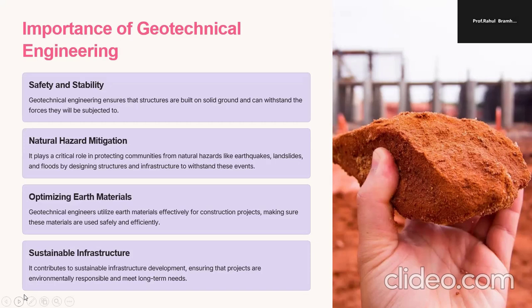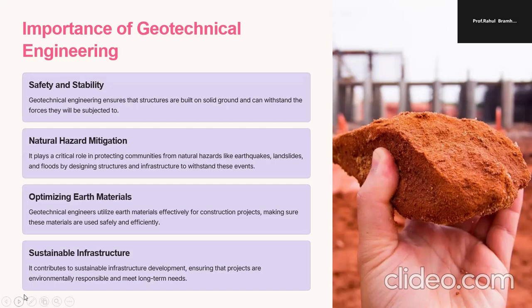It means that in natural hazard problems, geotechnical engineering has an important role. It plays a critical role in protecting communities from natural hazards like earthquake, landslide and flood by designing structures and infrastructure to withstand these events.